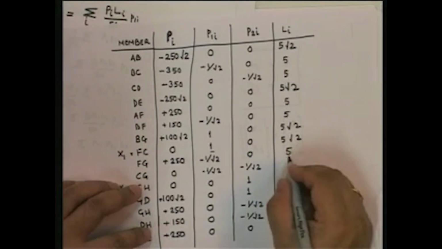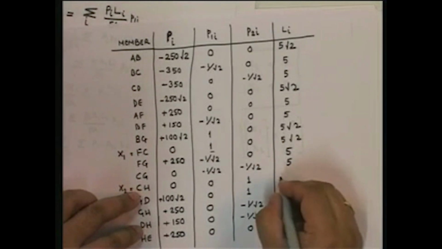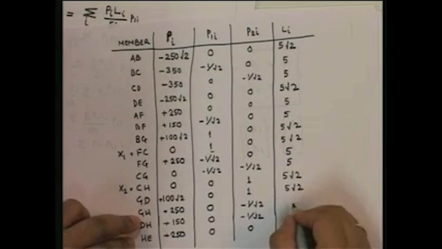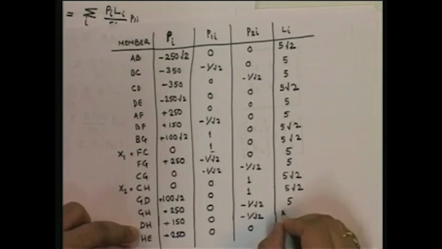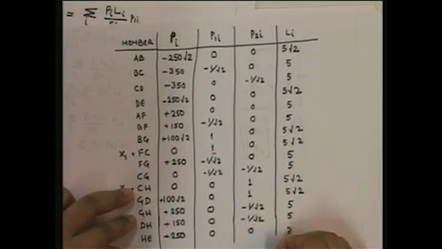CG is equal to 5. CH is equal to 5 root 2. GD is equal to 5 root 2. GH is equal to 5. DH is going to be equal to 5. HE is going to be equal to 5.